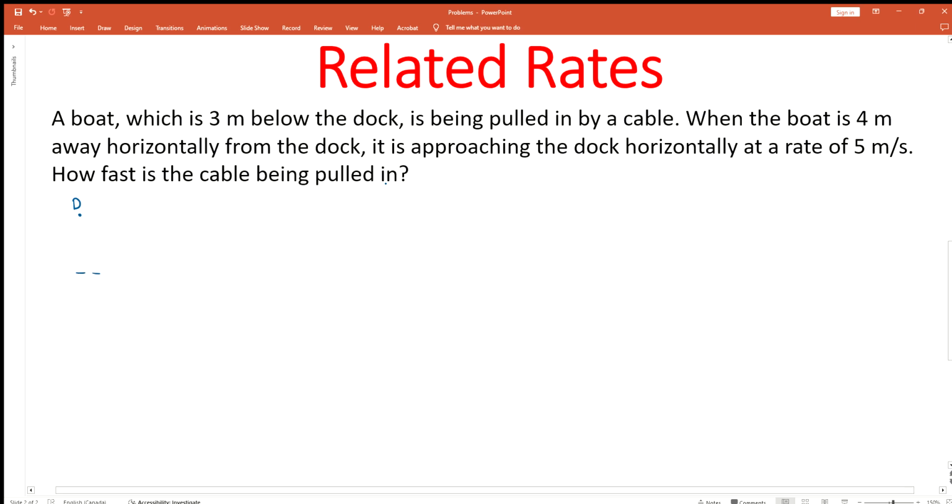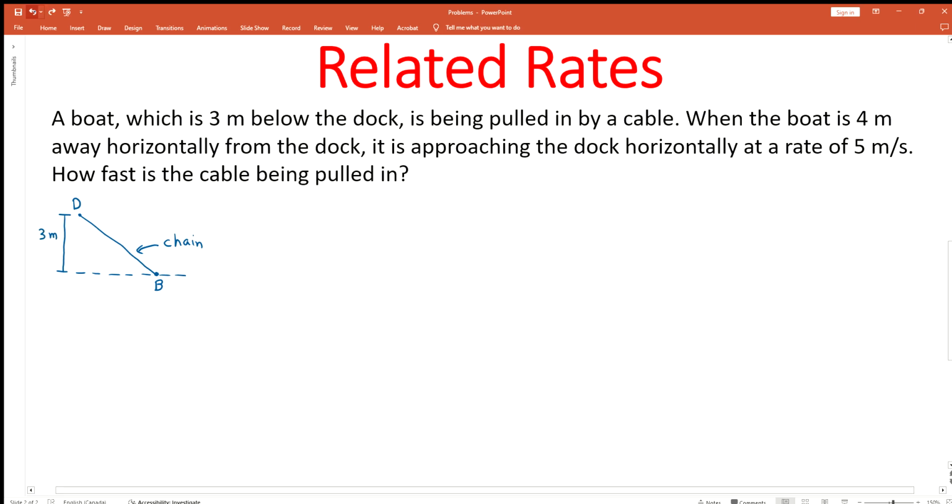Let's assume this is the water level and the boat is at point B. The cable is represented by the line segment DB. And the dock is 3 meters above the boat.